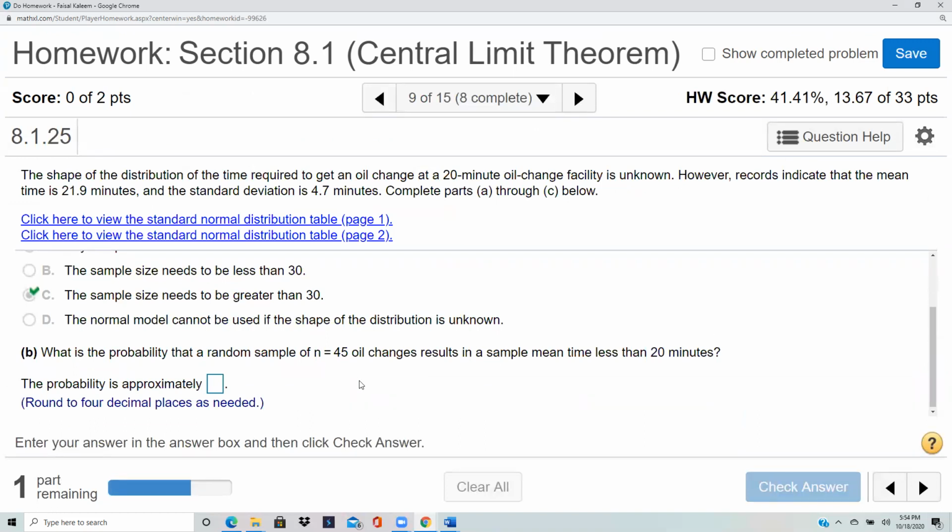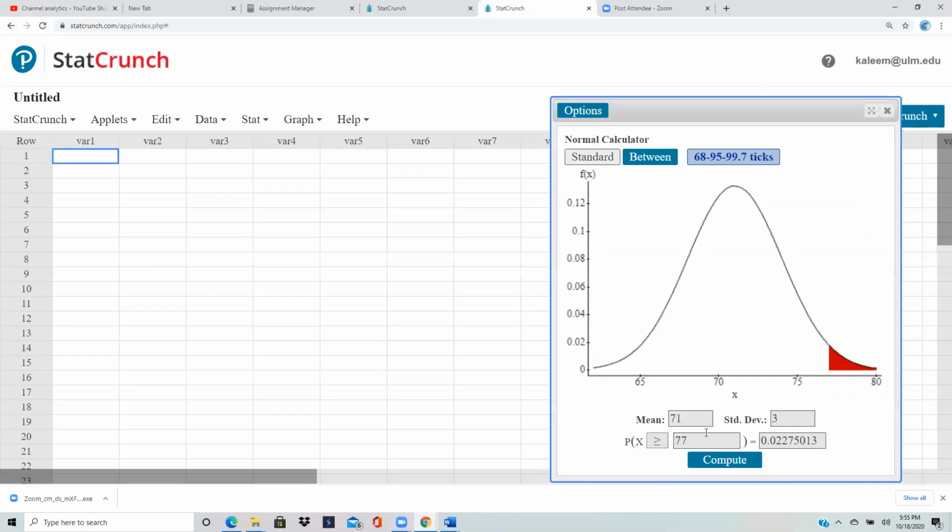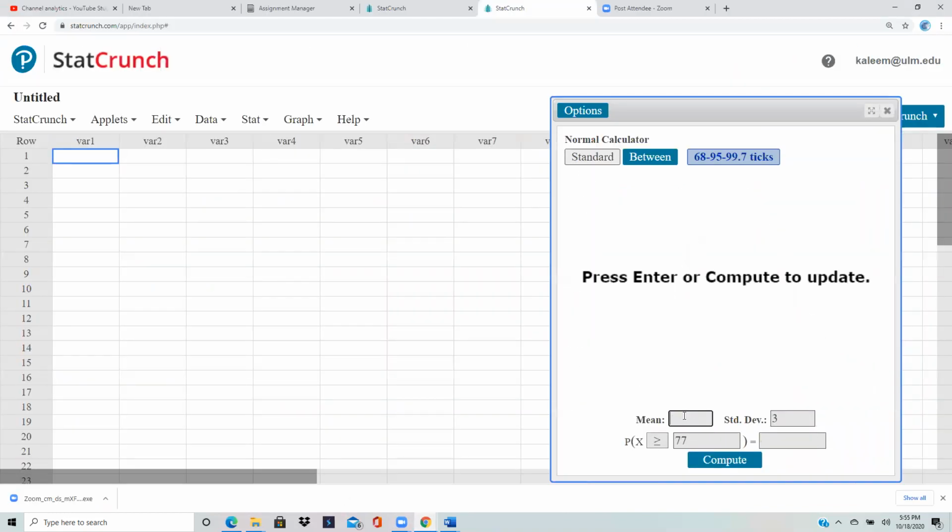What's the probability that a random sample of size 45 oil changes results in a mean time less than 20 minutes? So mean is 21.9. So let's see, in the normal calculator, the mean is 21.9.